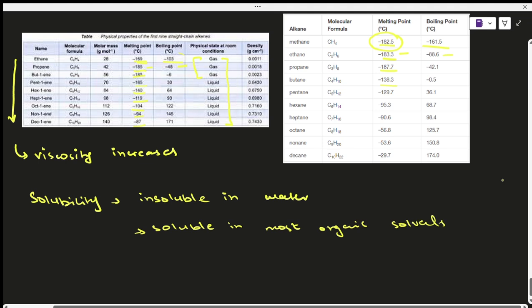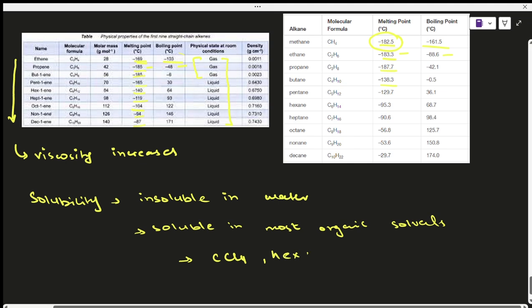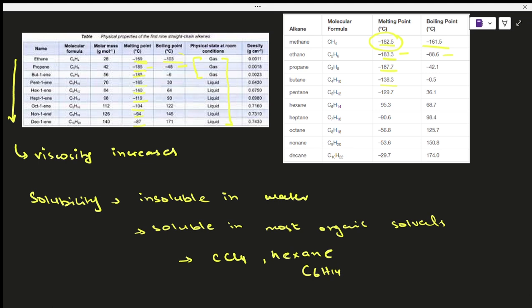One of the solvents is tetrachloromethane, that's CCl4. Or there's one more which I don't seem to remember right now. That molecule is hexane, which is C6H14.